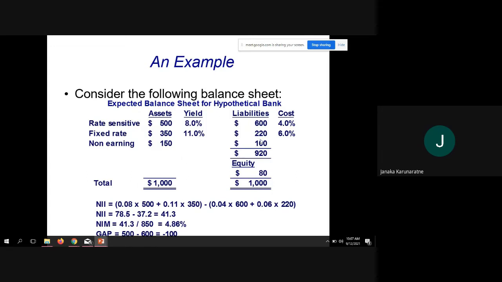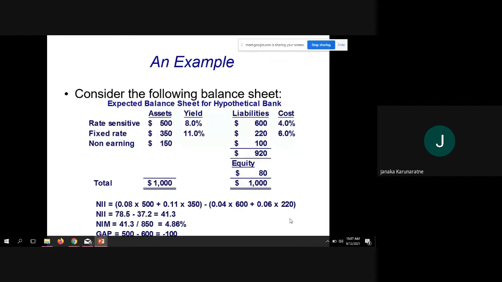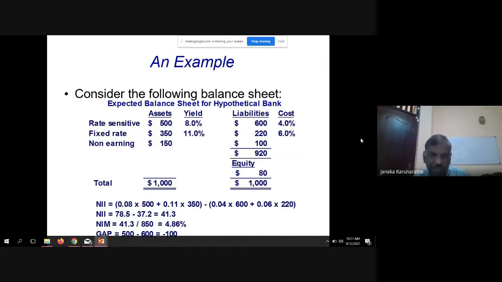Same way, calculate net interest income and net interest margin. Can someone calculate? Don't look at the answers. Probably you, I think this one has been shared with you, but don't look, simply calculate. When the interest rate rises by 1%, what is the impact? Can you all do this? Take about 5 minutes. Has anyone completed? Same as here?